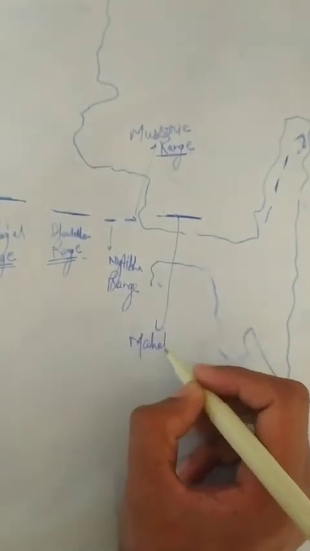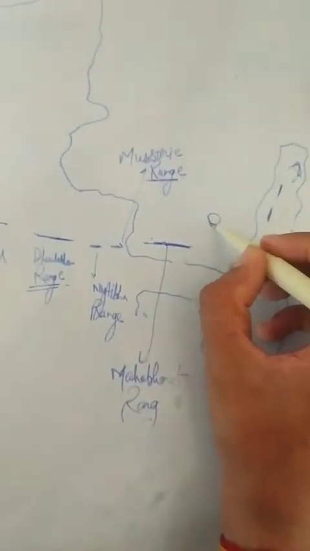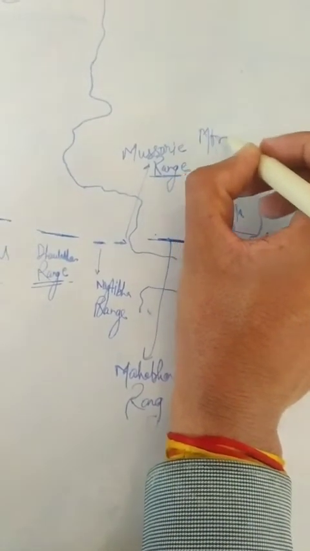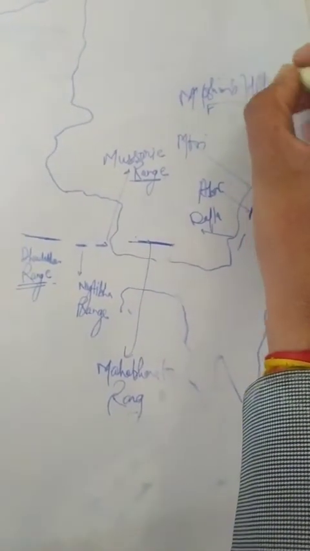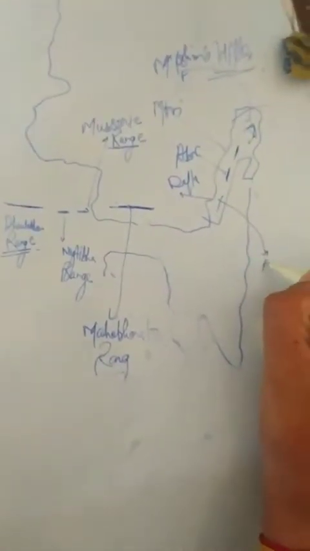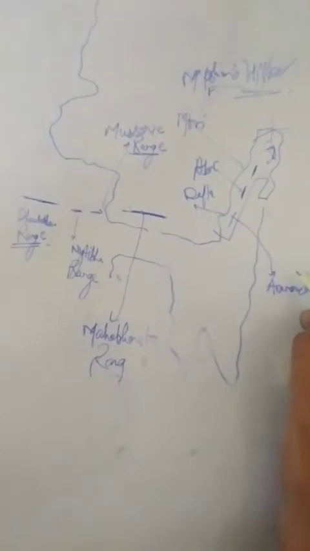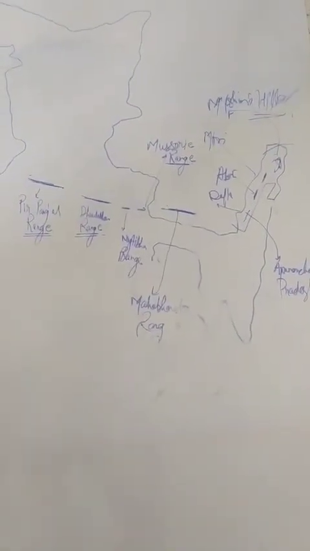This is the Mahabharat range located in Nepal. This is Dafla, Abor, Miri, and this is Mishmi Hills, located in Arunachal Pradesh. So this is the map which shows where the Middle Himalayas are located.